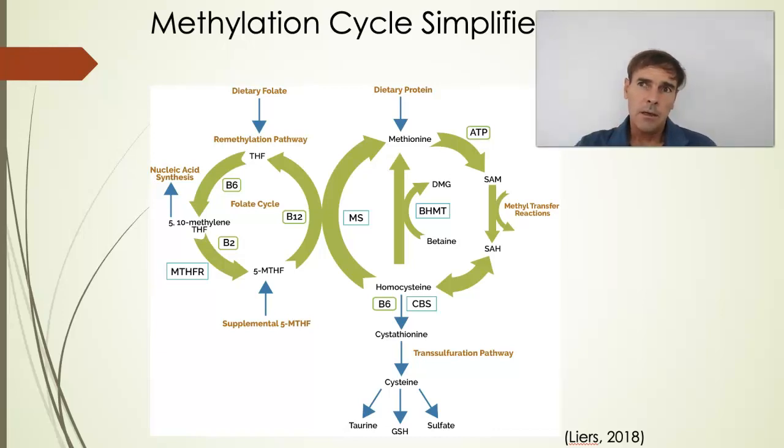So that's the very brief overview of what methylation is and what it does, but it's involved in hundreds or thousands of processes in the body, like gene expression, gene silencing, detoxification pathways, neurotransmitter synthesis, degradation, the building of the cell membrane, which I was talking about a little bit earlier.